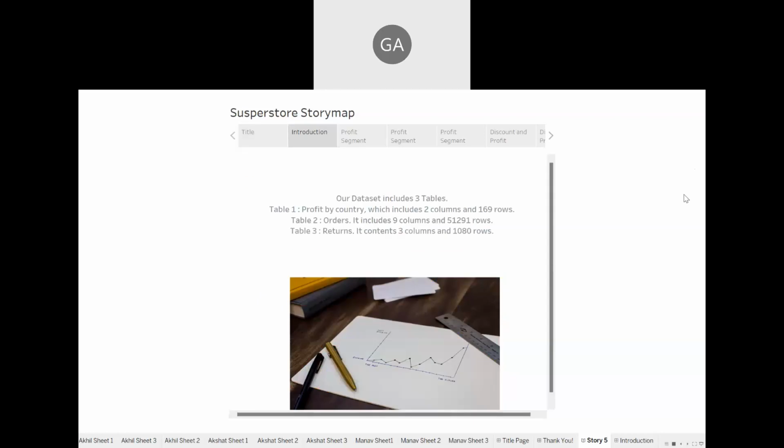Yeah. So basically, our data set is the Superstore data set, and it has three sheets. Table one has profits of each country, with two columns: country name and sum of profits, and 169 rows, indicating 169 countries.